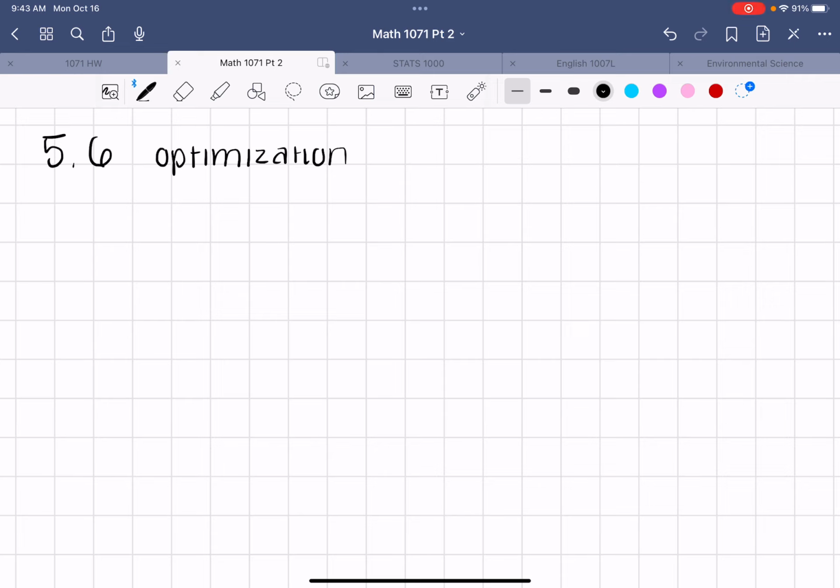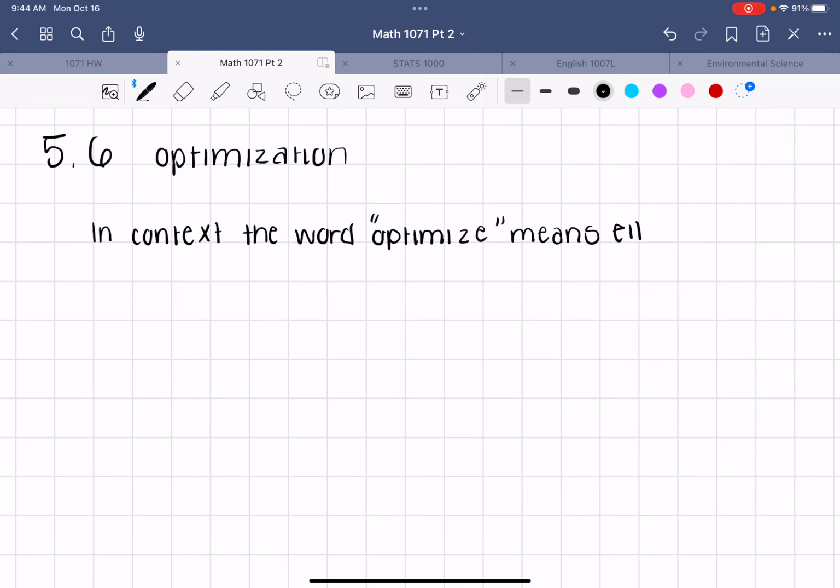So in context, the word optimize means either maximize or minimize. For example, if I want you to optimize your profit, you want to make your profit as large as possible.